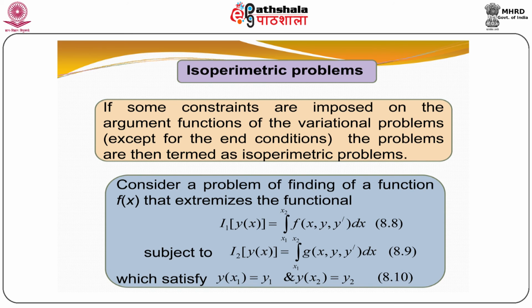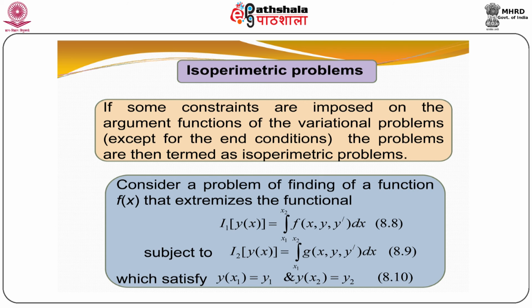Iso means same, perimetric comes from the word parameter. In an isoperimetric problem, it is required to find a closed curve of given length which encloses a maximum area. I have already mentioned that the given length is a constant, that is, we cannot choose an arbitrary length, it is already prescribed.